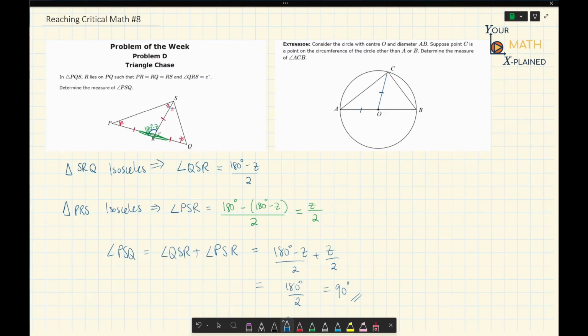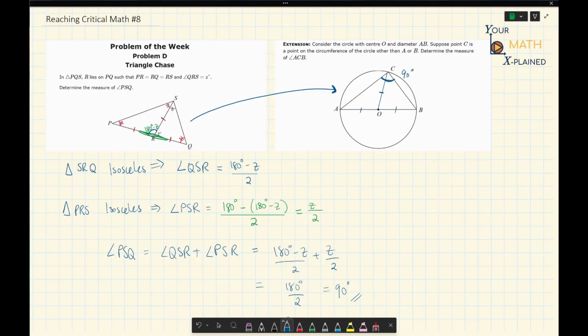That is also equal to OB, which is also the radius. So if those three sides are the same, then we basically have recreated the situation that we just completed earlier, but this time it's inside a circle. That tells us that this angle up at the very top is going to be 90 degrees.